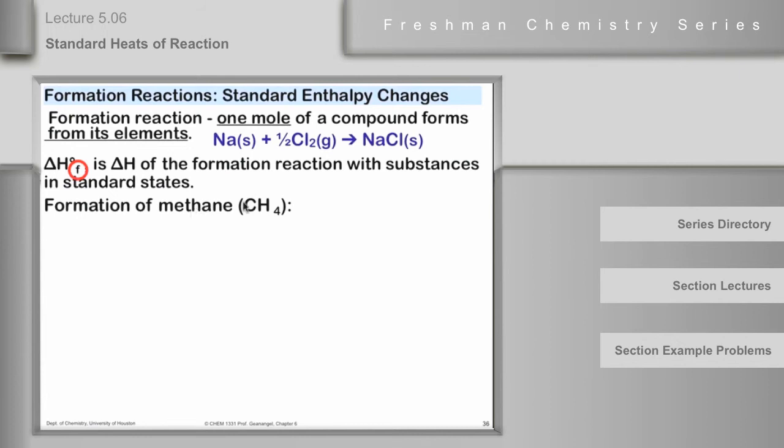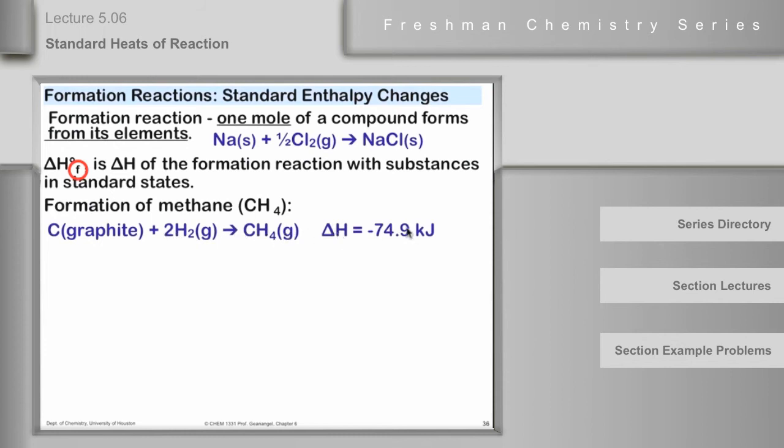Okay, so let's look at methane. Methane is CH4, so that means the formation reaction is going to start with carbon in the standard state, which is graphite, 1 mole of that, plus hydrogen in the standard state, which is H2 gas, 2 moles. So if we write the formation equation, it's carbon graphite plus 2H2 gas goes to CH4 gas.